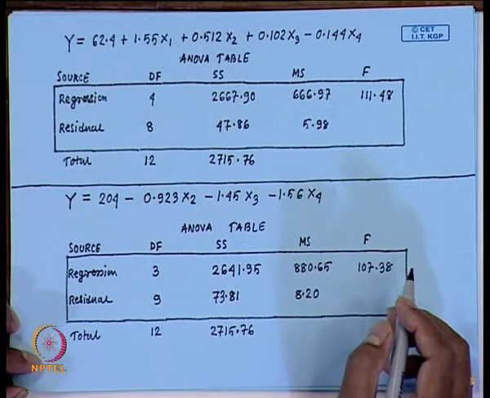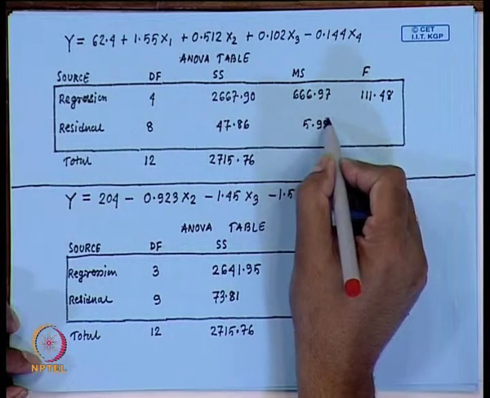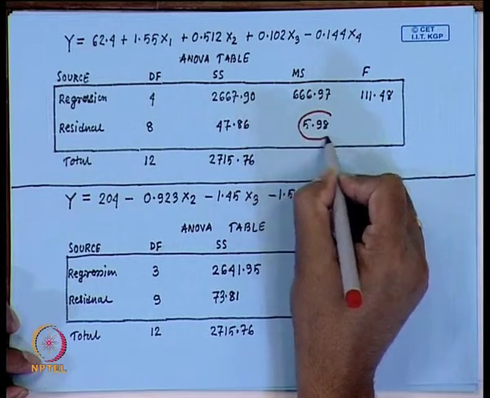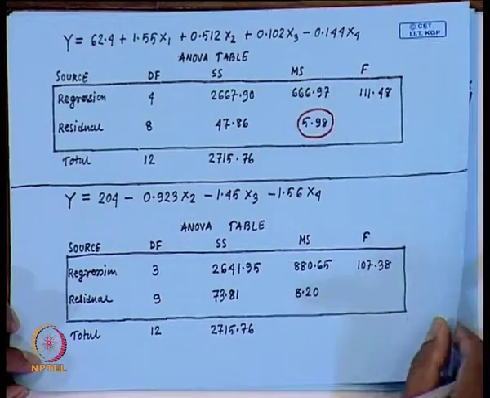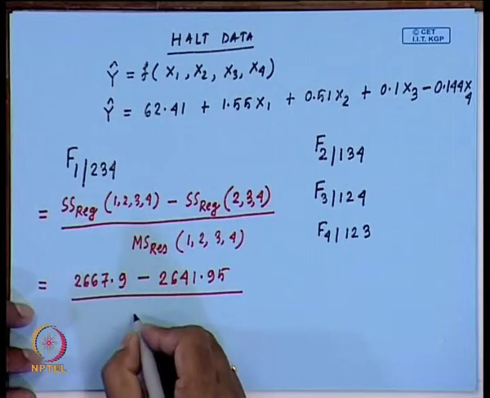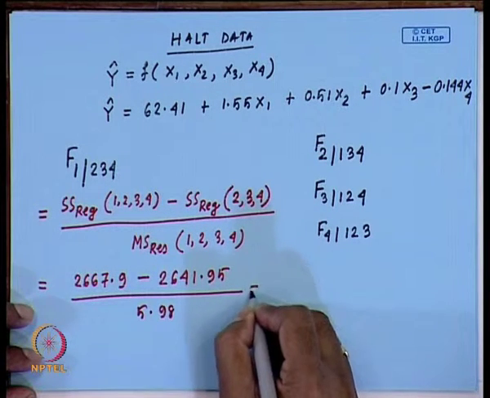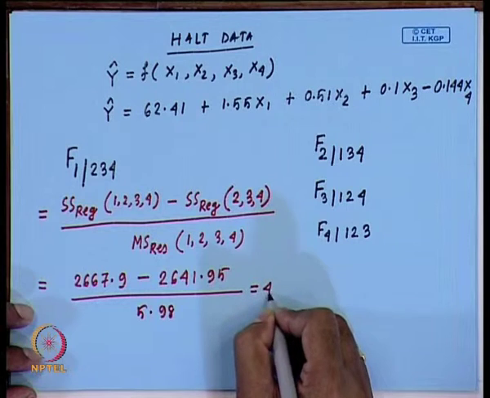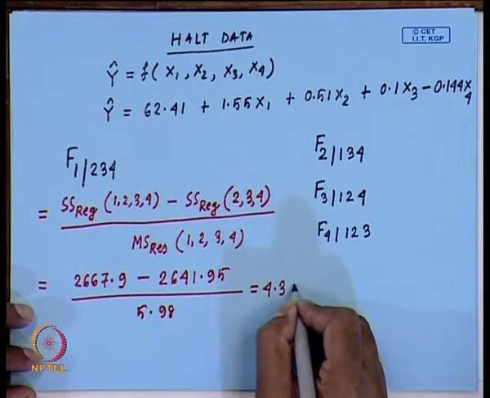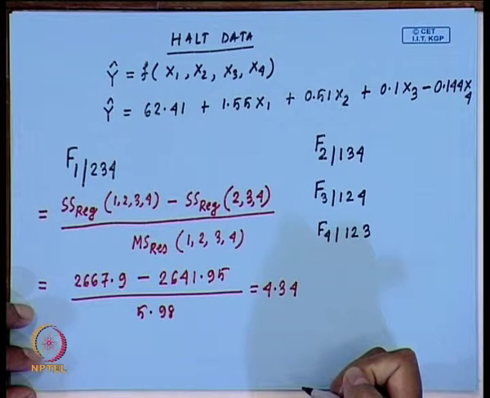Now, what I want to say is that I will be using this MS residual for the full model. So, 5.98, this value is equal to 4.34, right.